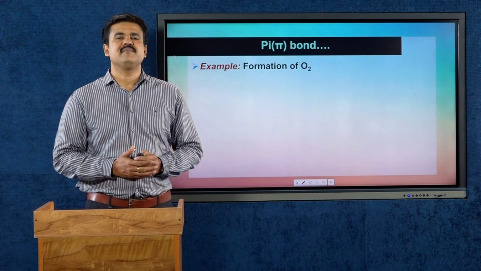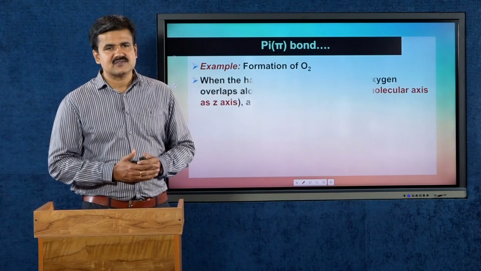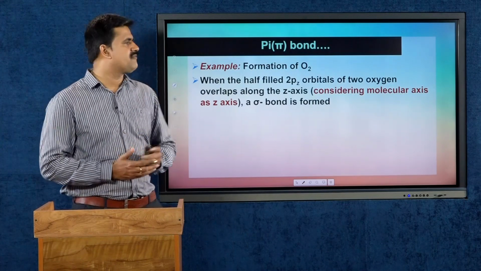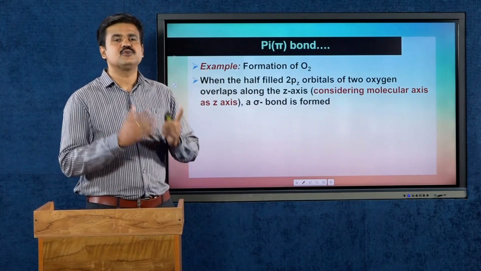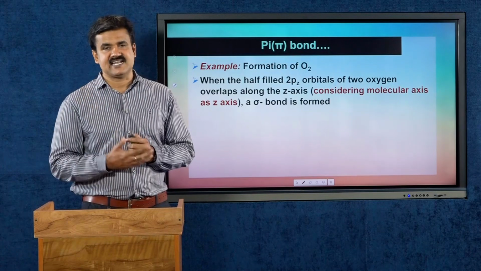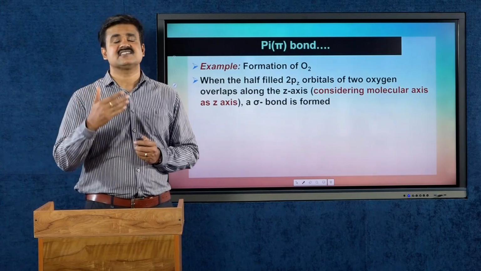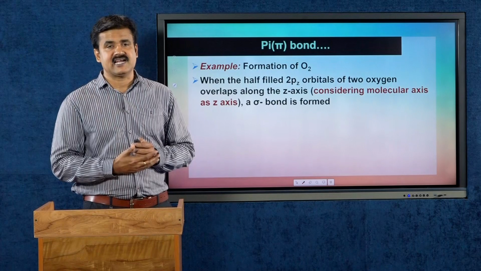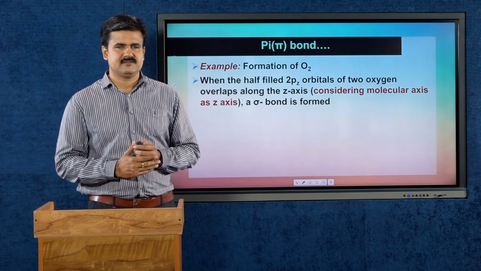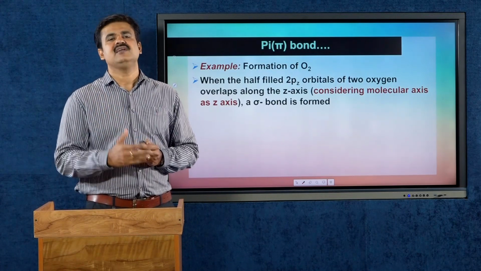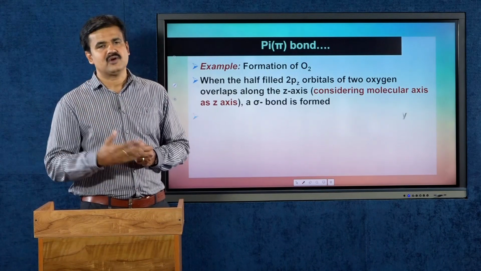Now, the pi bond can be illustrated by considering the formation of the oxygen molecule. When the half-filled 2pz orbitals of two oxygen atoms overlap along the z axis, considering the z axis as the internuclear axis or molecular axis, a sigma bond is obtained. In addition to the sigma bond, a pi bond is also formed.